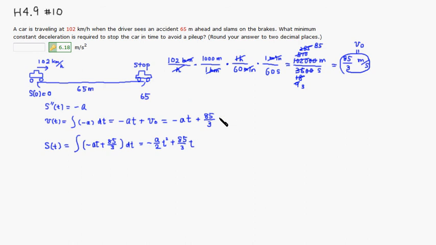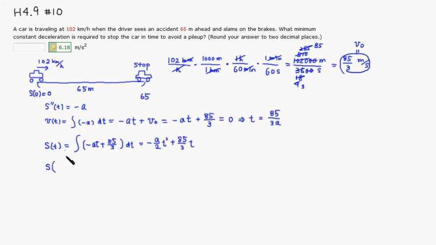So we can set that equal to 0 to find that the time it comes to a stop would be 85 over 3a. Right? So we can plug this into the position function.